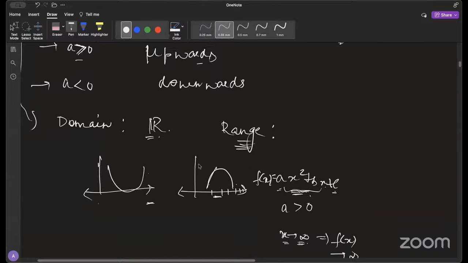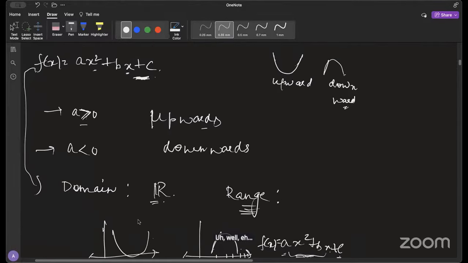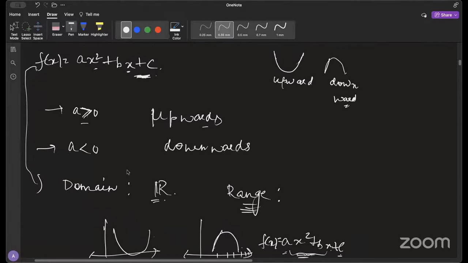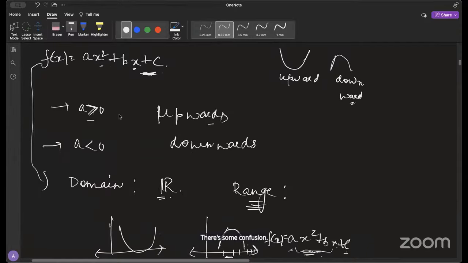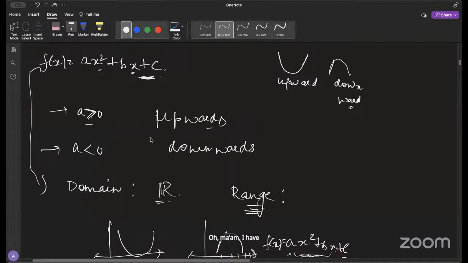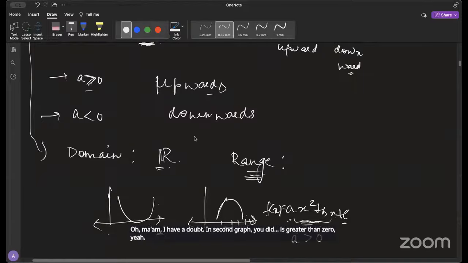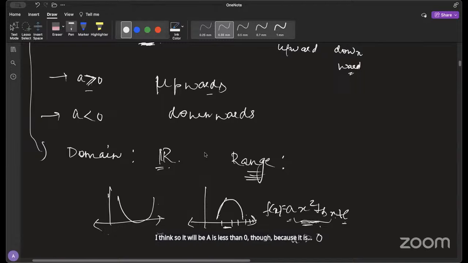In the second graph, there's some confusion. Ma'am, I have a doubt. In the second graph, you said A is greater than 0. I think it will be A less than 0, because it is opening downward.